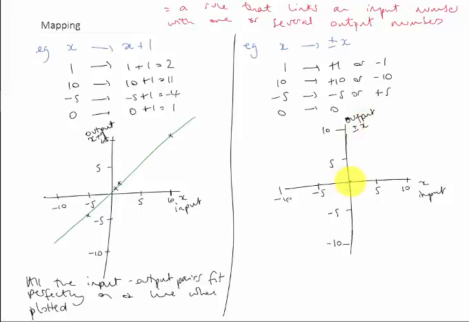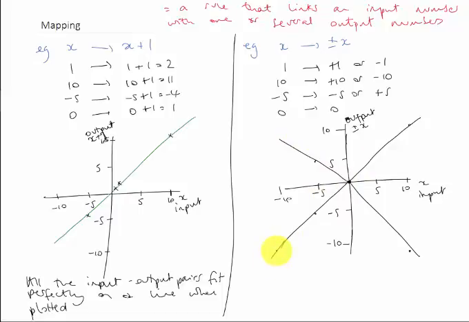So then here's our 0 in the middle, and then if we have 10, then that can give us plus 10 or minus 10. Minus 5, minus 5 or plus 5. And if we did any other number, it would give us the same. So we've got these lines going out like this around 0.